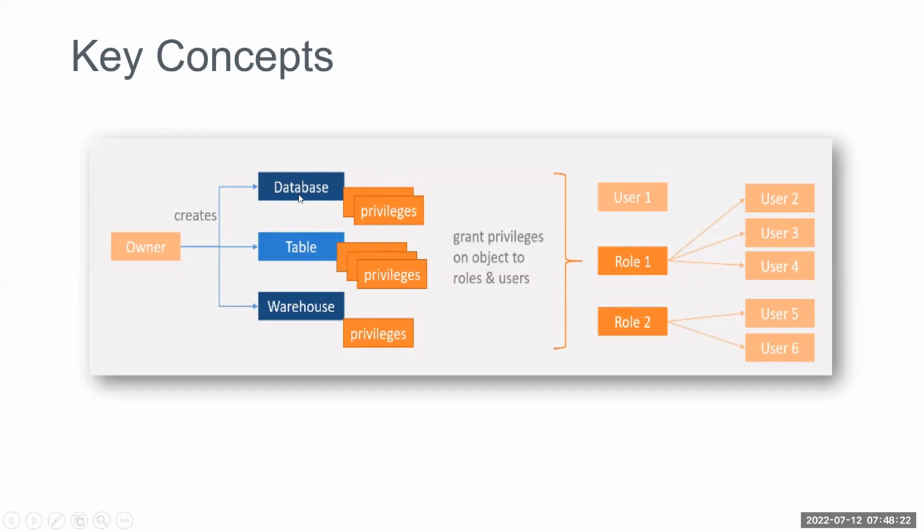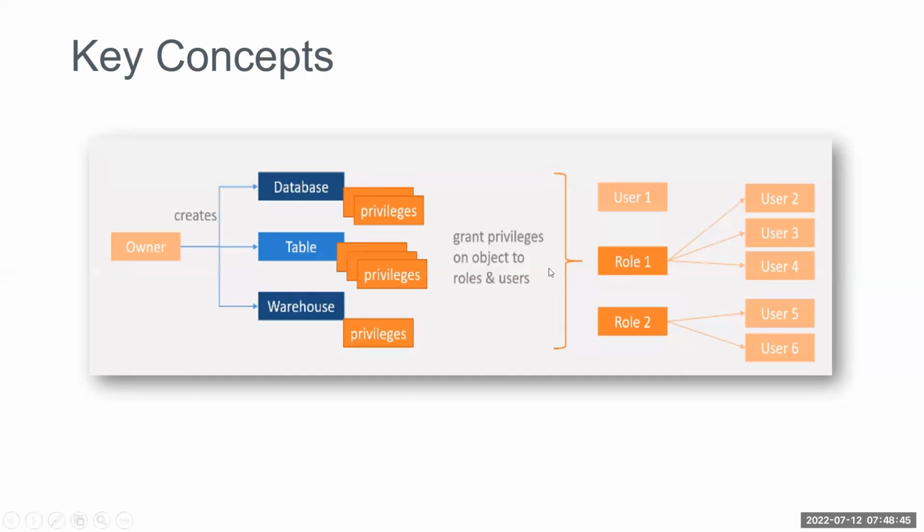And there will be some privileges associated with those objects. So only insert, only select, or all permissions. So for every object there will be some privileges. And we can grant these privileges to a user, and we can grant privileges to a role.